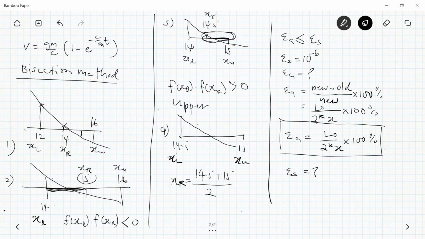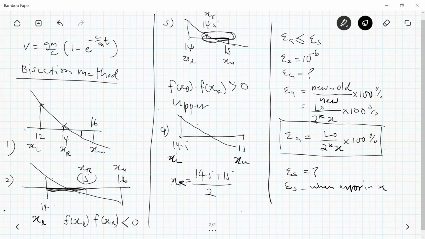So the first thing, what is meant by 10 to the minus 6 error? So error in x. Okay, so let's do this. Let's delete this. ES is basically defined as when error in x reaches a certain value.